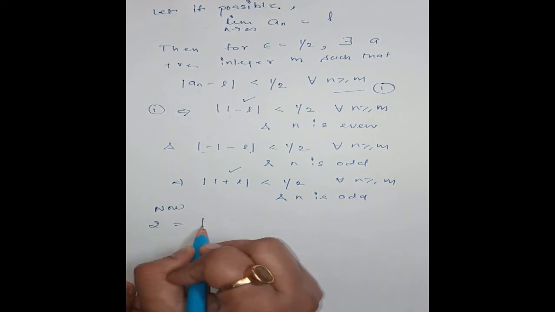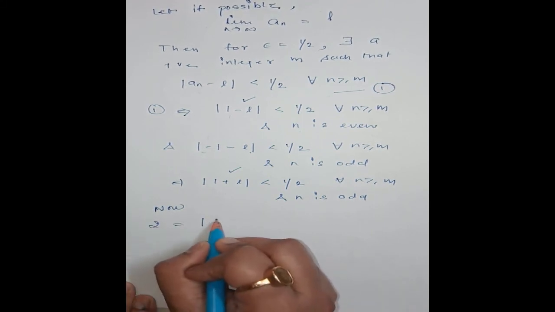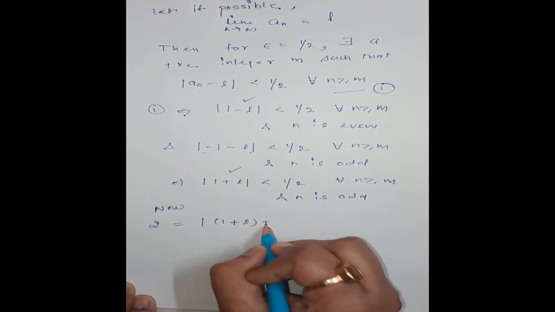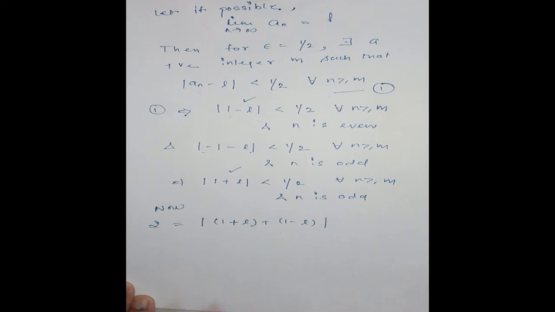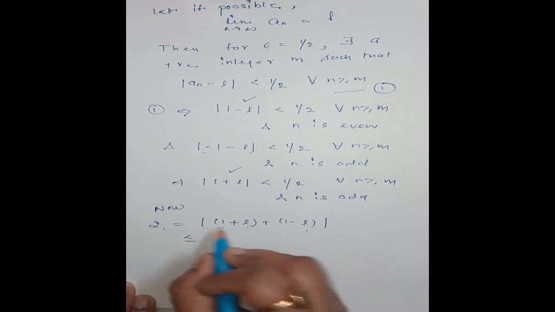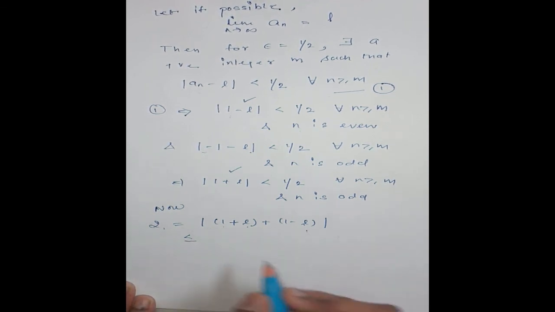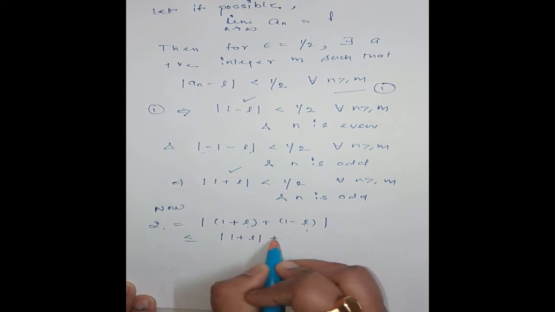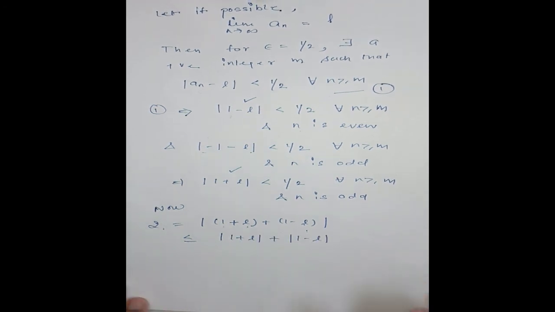Now 2 is equal to 1 minus L plus 1 plus L. L will get cancelled out. 2 can be written like this. Now using the triangle inequality, mod x plus y is less than or equal to mod x plus mod y. This is mod 1 plus L plus mod 1 minus L. Clear?